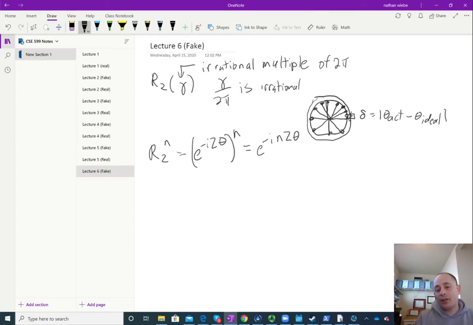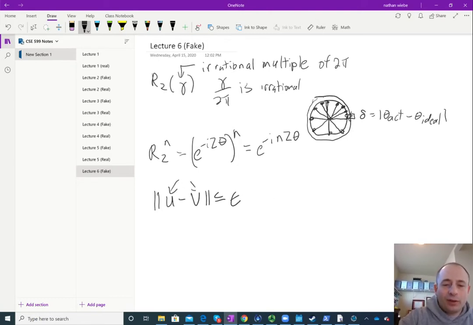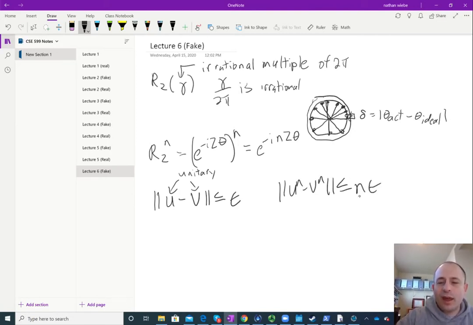Now, a fact that you can see in box 4.1 of Nielsen and Chuang, yes, I know, because I look at that box frequently. A fact is that if you have the norm of U minus V is less than or equal to epsilon, where both of these are unitary, then you can use the fact that the norm of U to the n minus V to the n turns out to be less than or equal to n epsilon.